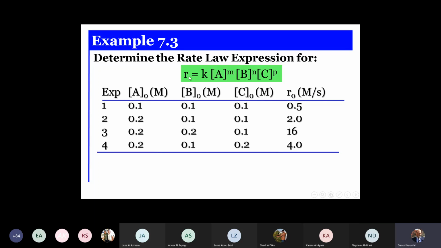I will obtain R01 divided by R02, which are known, equal to 0.1 to the power m over 0.2 to the power m. So by this way, if I divide set 1 by set 2, I will obtain the partial order m.